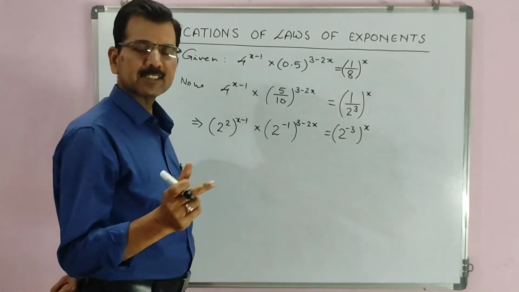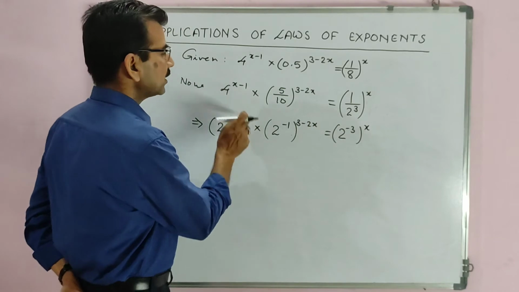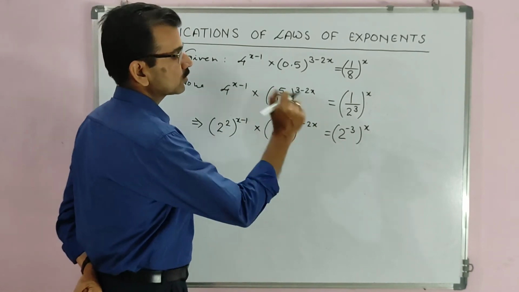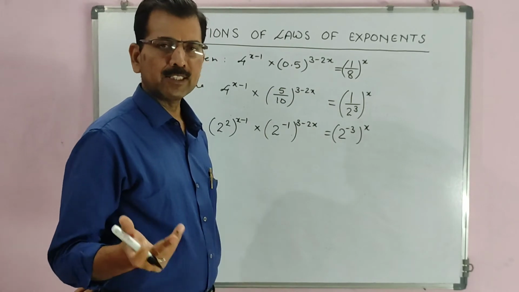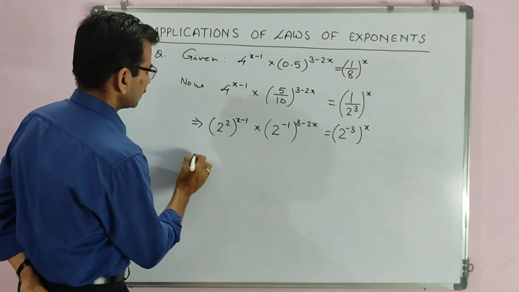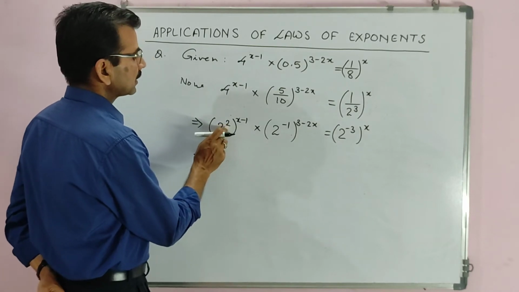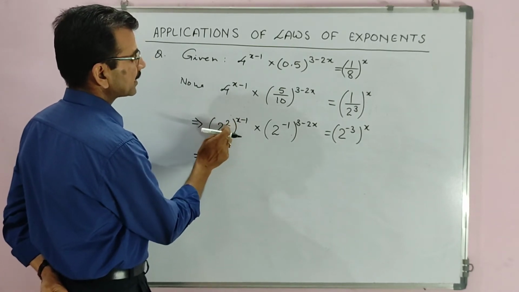Now you see once, just in 2 steps we have got here base 2, here also 2 and here also 2. Very good. Now let us apply this law. This power we can multiply inside and outside.